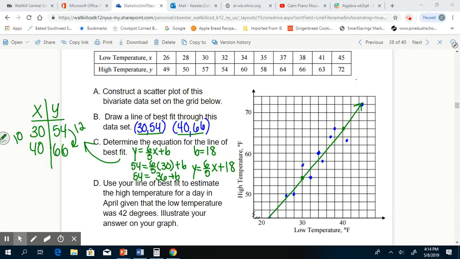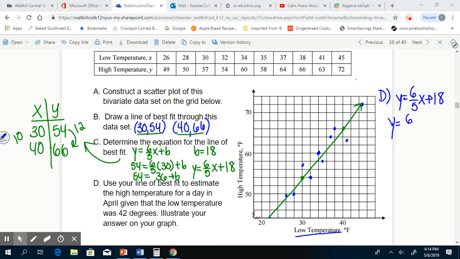All right, so they want 42 degrees as the low temperature. So we're going to plug that in for x. You can do it below. I'm going to do it over on the side so I don't lose my graph. So part D, we're taking our line of best fit, which is y = 6/5 x + 18. And we're going to plug in a low temperature of 42. Low temperature is the x, so it goes in the x.